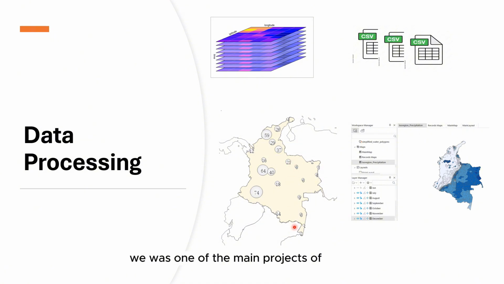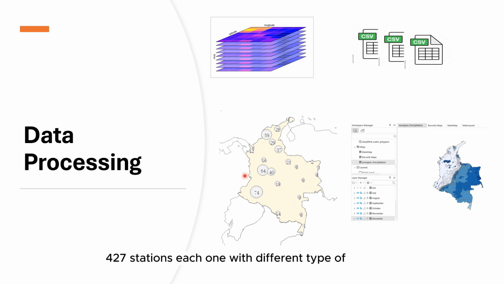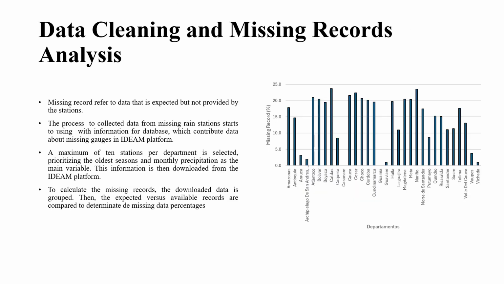It was one of the main products of what we processed with IDEAM. In total there were 427 stations, each with a different length in the data sources. And we also extracted the precipitation and temperature from geemap. Here is one example of the ISO regions that we did.